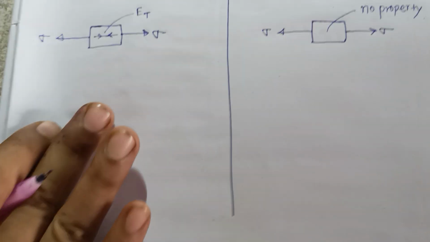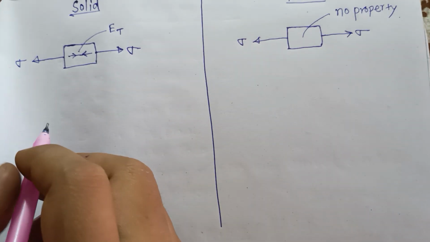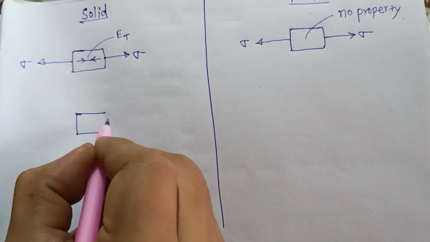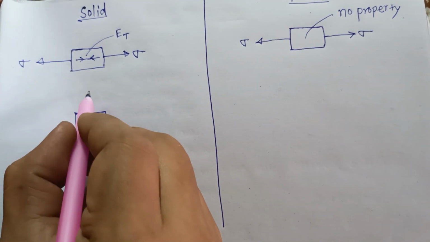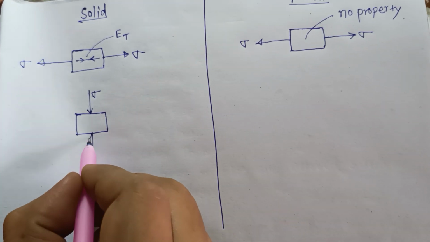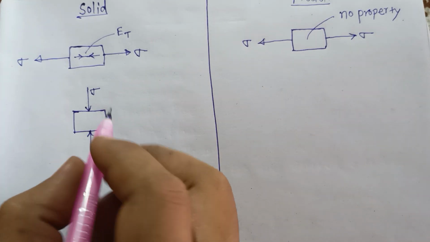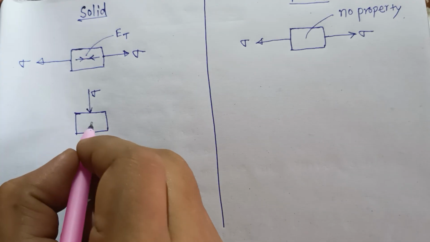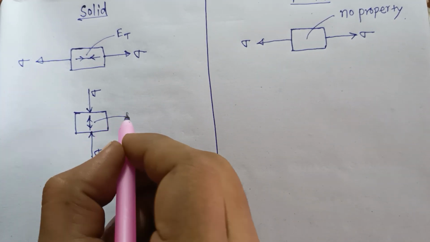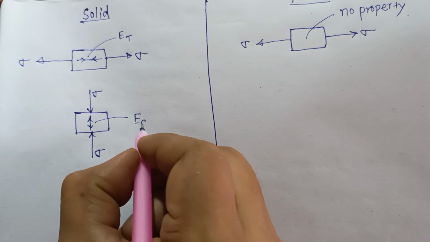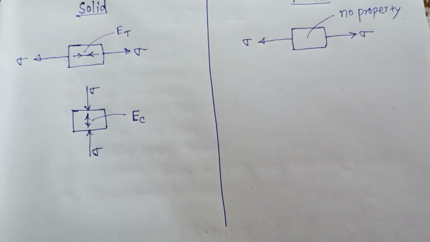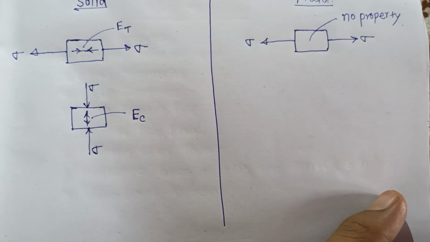Now for the solid, there is another case. If you apply compressive stress like this, then a compressive Young modulus comes into the picture. Here, C for compressive, E for Young modulus.